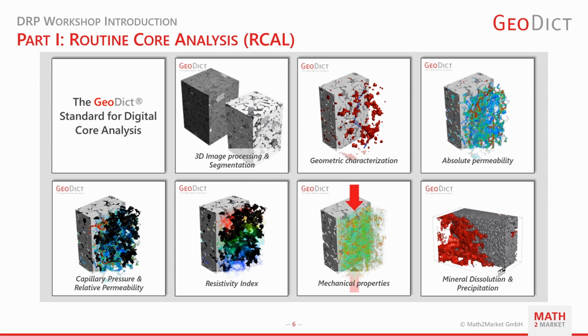The standard comprises 3D image processing and segmentation, geometric characterization, computation of single-phase flow to obtain the absolute permeability, computation of two-phase flow to predict the capillary pressure curve and relative permeability, also for forced imbibition, the prediction of resistivity index based on a set of fluid distributions, the determination of mechanical properties, and also the computation of reactive flow considering the mineral dissolution and precipitation in a given amount of time based on individual geochemical systems.